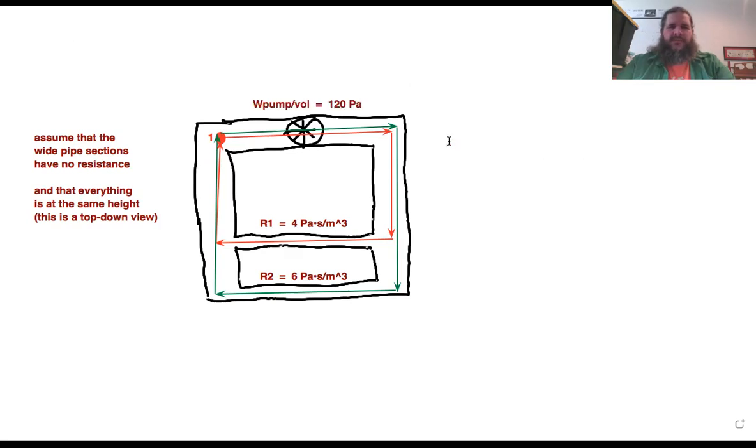So if we write this out the same way, work density of the pump minus I times R, and we solve that for I, that'll still be the work density divided by R. But if we fill in these values, the work density and the resistance of just pipe 1, what are we going to get?